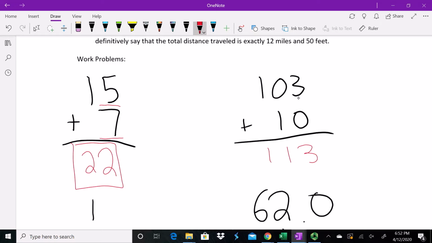The least precise of my first number is in the ones column. The least precise spot in my second number is in the tens column. That means my final answer can't have anything in the ones column. It's not precise enough to tell me any information about that. If I included that, I'd be lying. I'd be saying that I knew for a fact that there was a 3 sitting there, and I just don't, because that 10 isn't precise enough to tell you definitively that it's there.